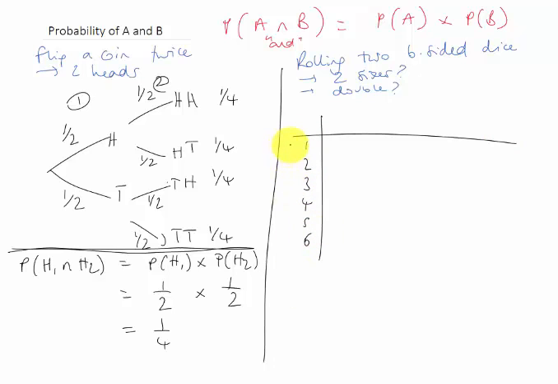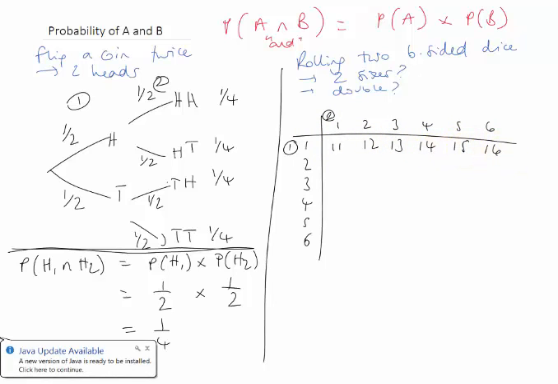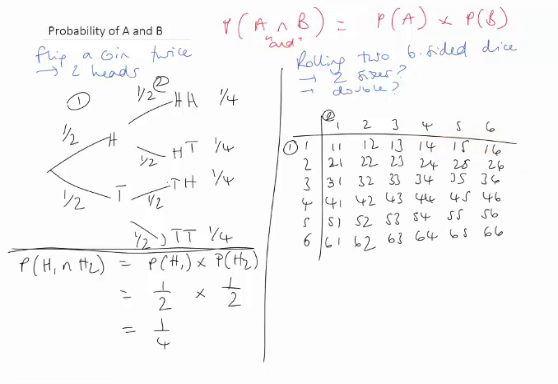So this is the first dice, this is the second dice. So here I'm going to draw out all the different combinations we can get. So we can have a 1 and a 1, a 1 and a 2, 1 and a 3. So I spared you writing all those out. So here we've got the 36 different combinations that you can get from rolling 2 6-sided dice.